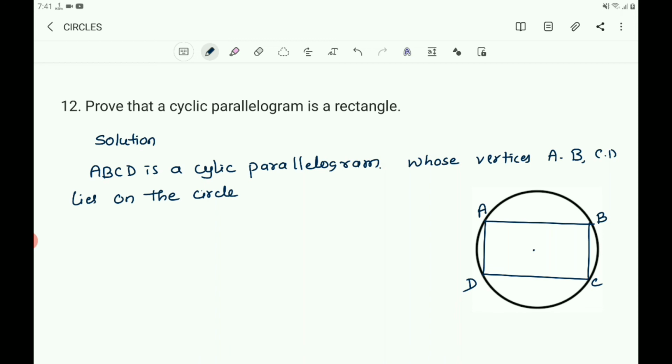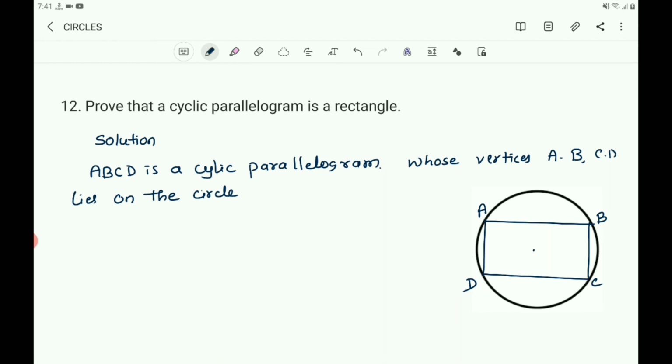You know that in the parallelogram opposite angles are equal, and in the cyclic quadrilateral opposite angles are supplementary, means their sum is 180 degree. Equal and their sum is 180 degree means all the four angles are 90 degree. And here in the parallelogram, if all the angles are right angles, then it becomes a rectangle.